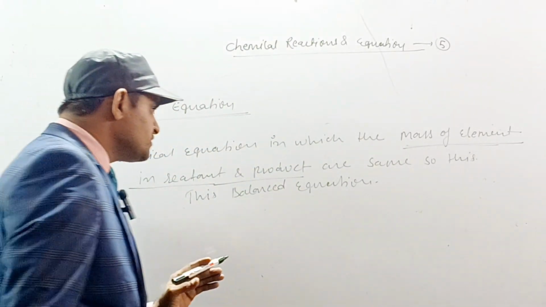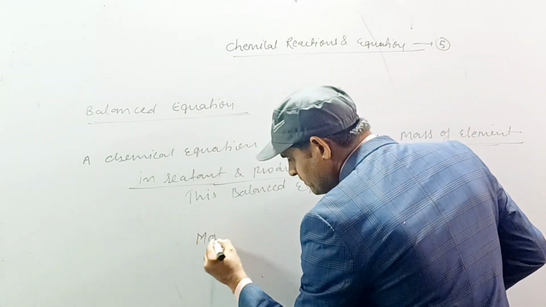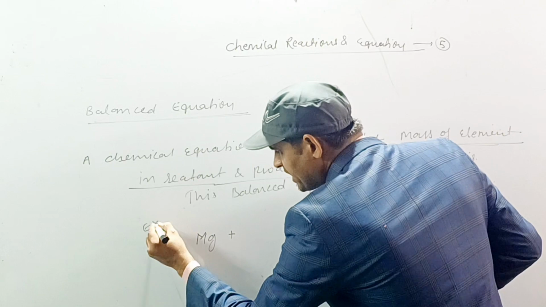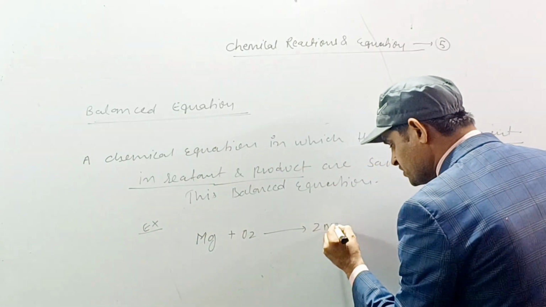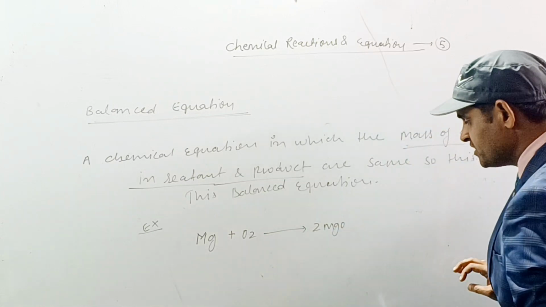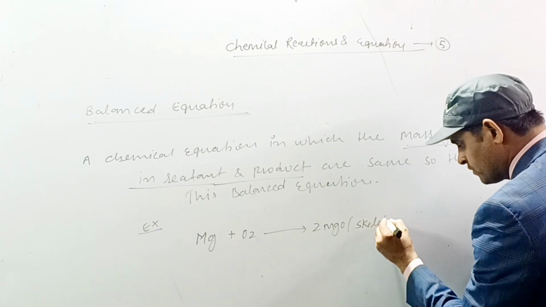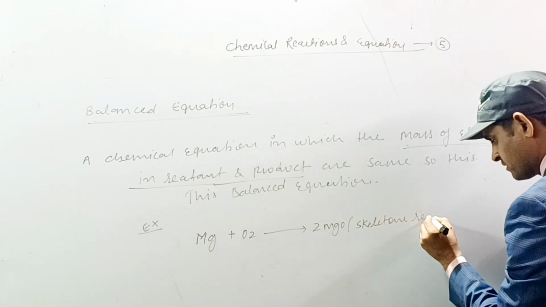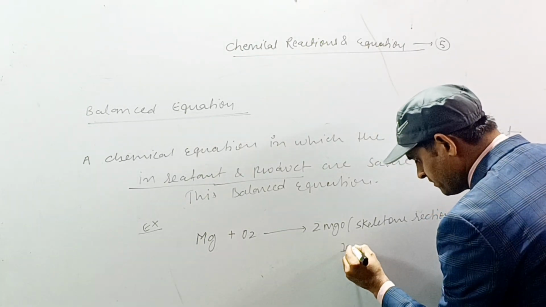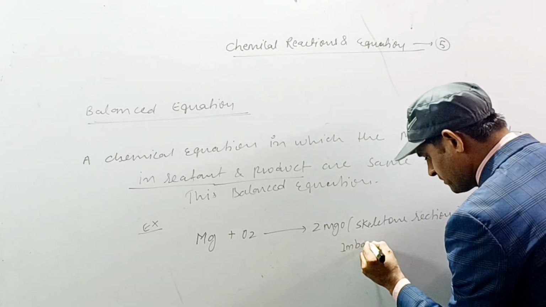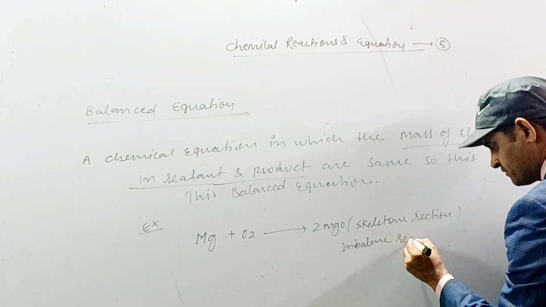Such as we take this type of reaction: magnesium and oxygen giving 2MgO. This is a skeleton reaction, which means an imbalanced reaction.